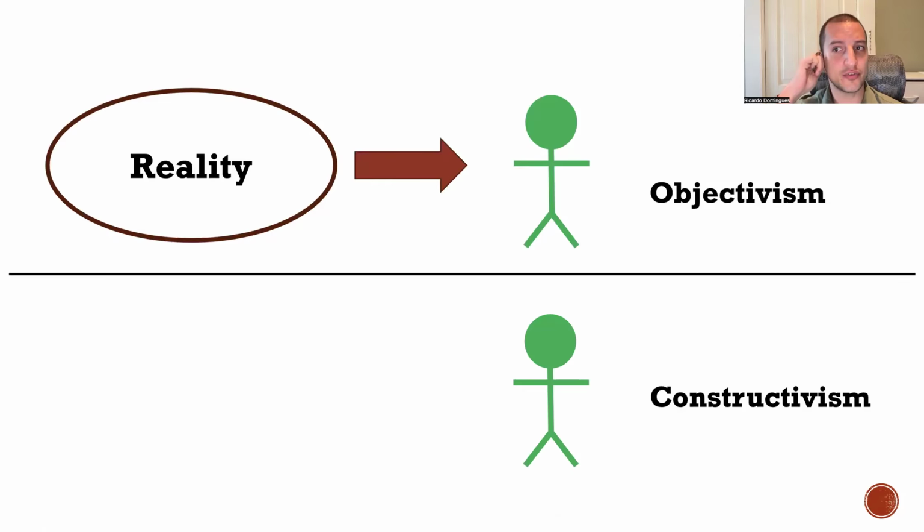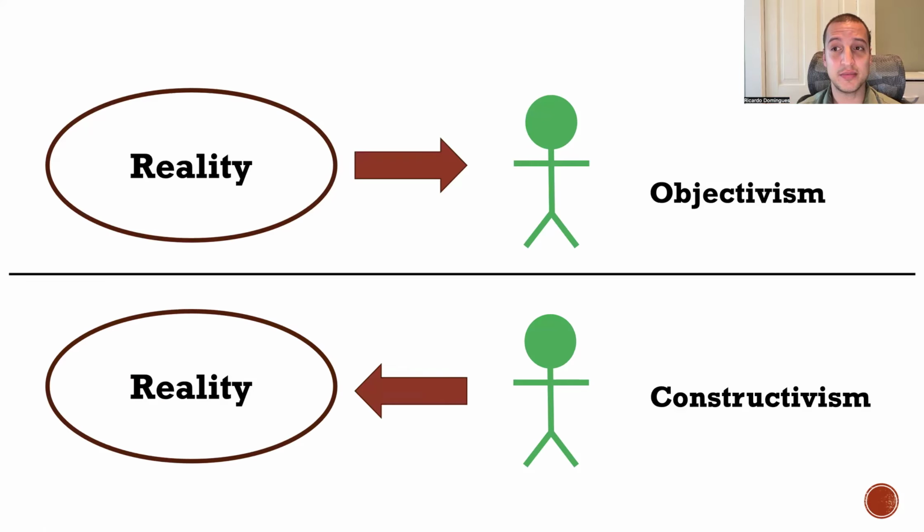Constructivism offers a different philosophical perspective on reality and learning. Constructivism claims that reality is not something external to the individual. Reality is something that is constructed by the individual. So this red arrow is indicating that reality itself is constructed by the individual.